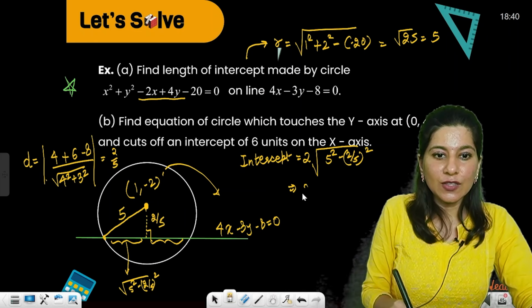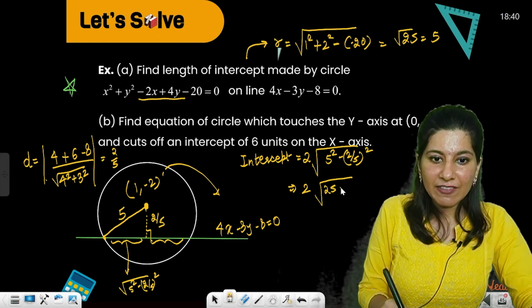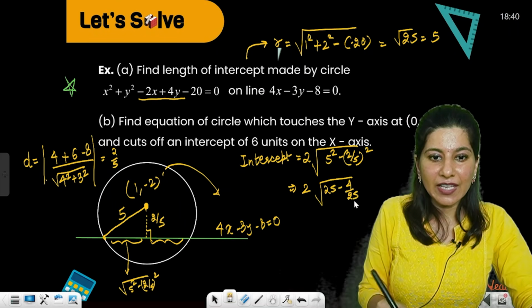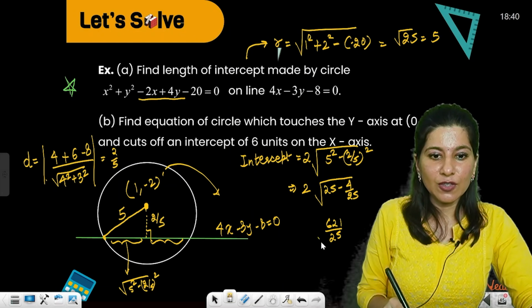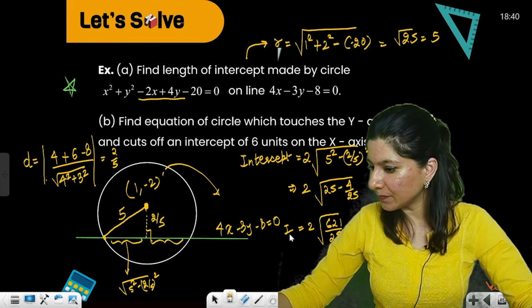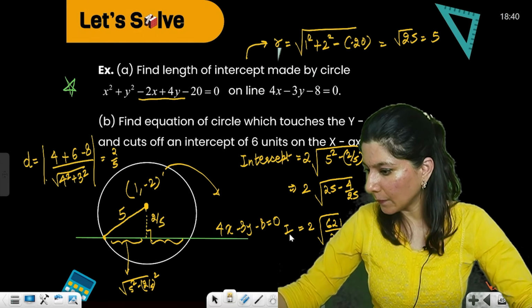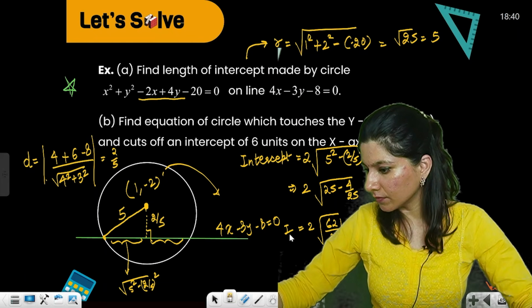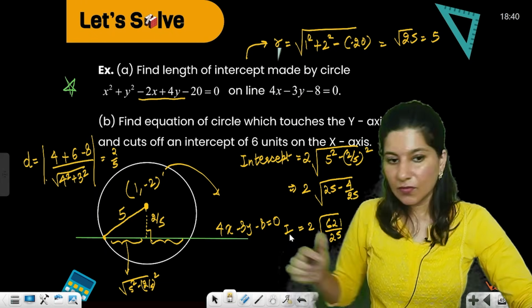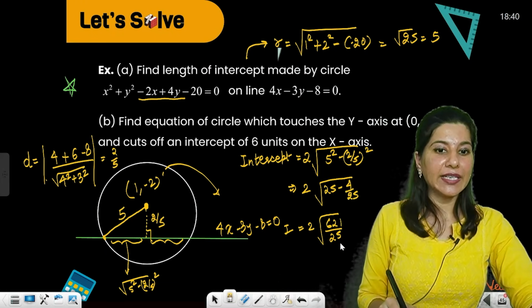So finally 2 root of 25 minus 4 by 25, 625, so 621 by 25, ka root into 2 is equals to your intercept. All right. Yes, this is your intercept.